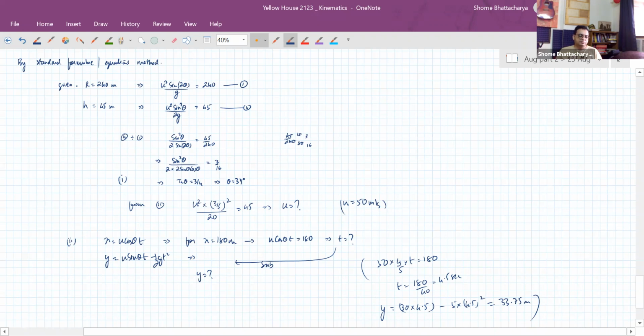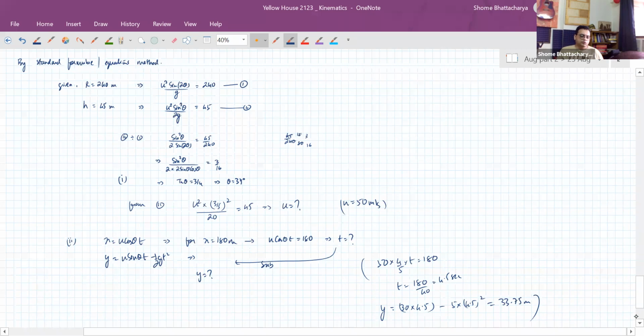Whereas anything which is time based, like the question we did earlier, where you wanted to find the time when the velocities become at 45 degrees, those kind of things, you have to use the time based equations. That is the instantaneous coordinates and velocity as functions of time. So that's like a general guideline to solving these types of questions.